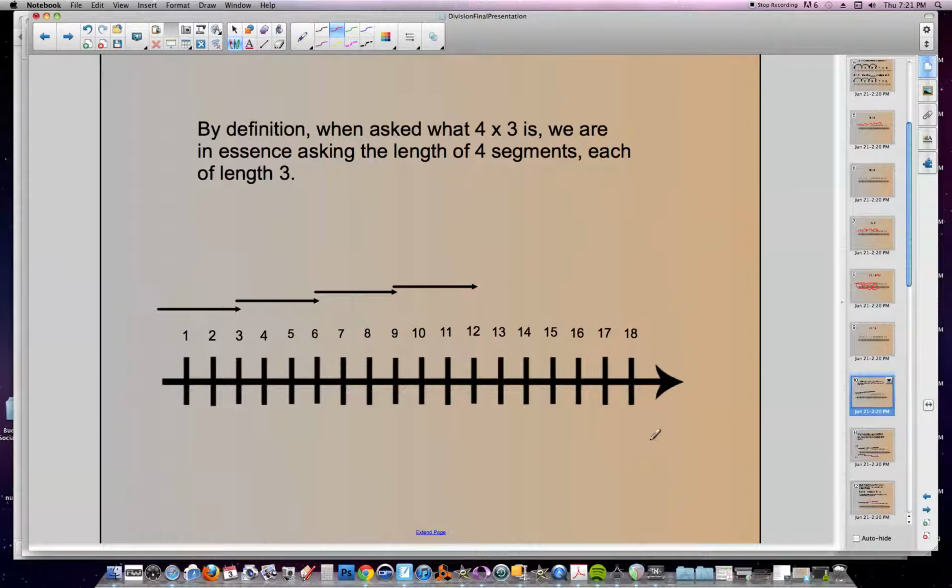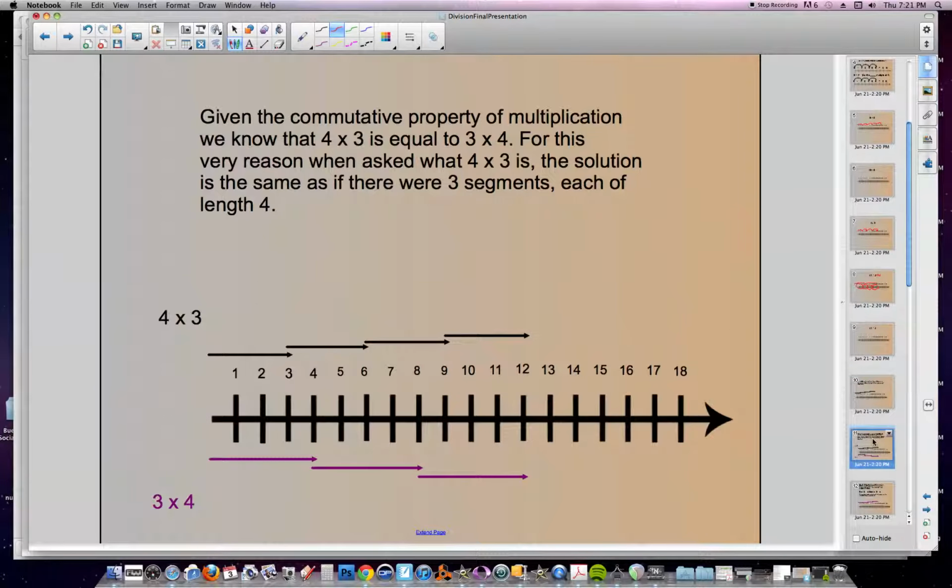And now, this is where it gets important about how we conceptualize things. When we say 4 times 3, we mean 4 segments, 1, 2, 3, 4, that each have a length of 3. However, because of the commutative property of multiplication, which says the order in which we multiply doesn't matter, 4 times 3 is the same thing as 3 times 4. But conceptually, how we would draw this is actually different.